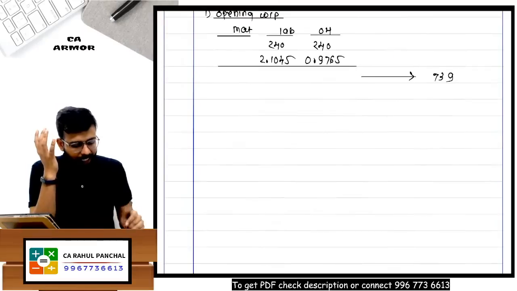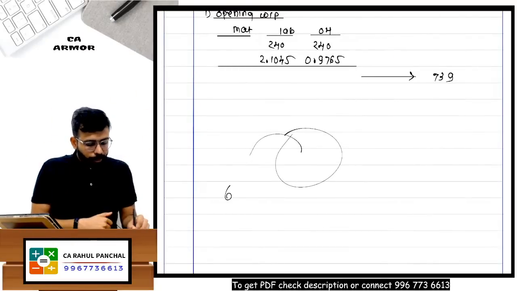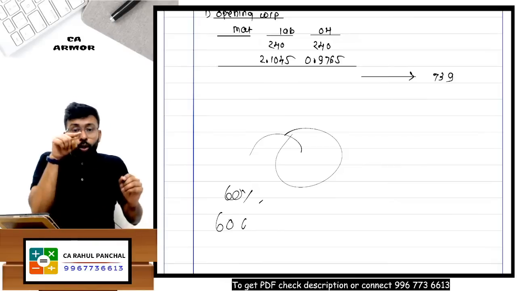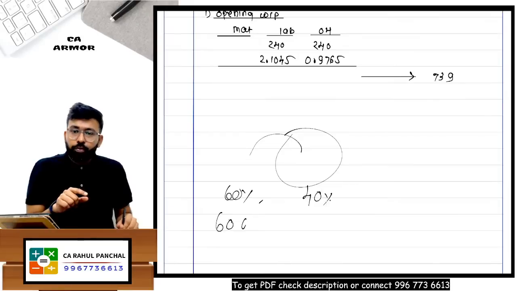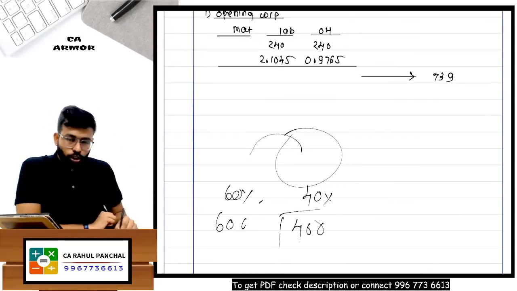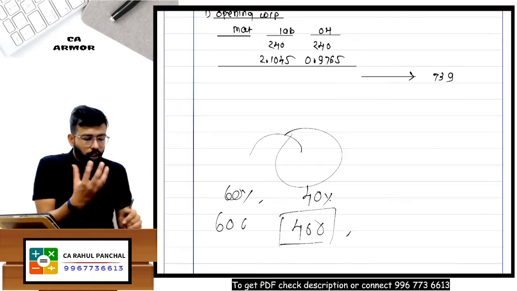See, it is like a cake. 60% work was done yesterday, and you incurred 600 rupees on that cake. Today you did 40% work and incurred 400 rupees. What is the cost of the cake? You won't say the cost of the cake is 400. You will add the previous period's cost also, then you will get the total cost of that cake.